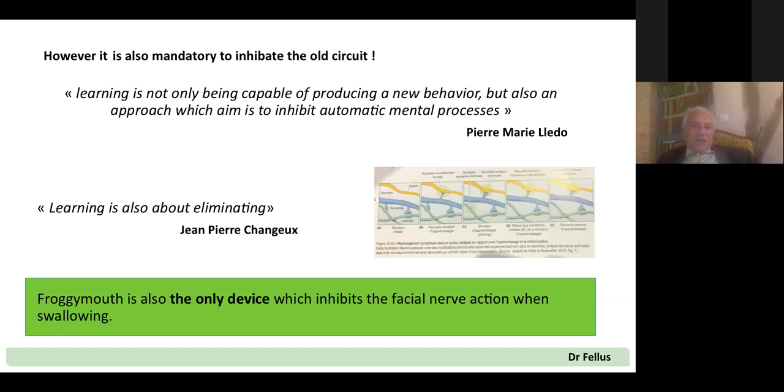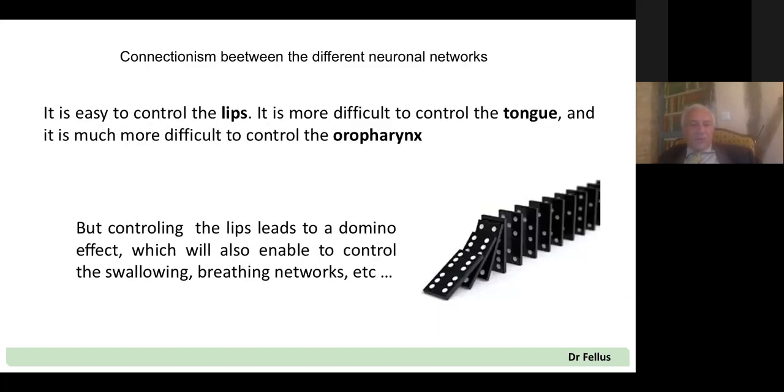And we know that learning is not only being capable of producing a new behavior, but also an approach which aims to inhibit the automatic mental processes. Learning is also eliminating. And Froggymouth is the only device which inhibits the facial nerve action when swallowing.